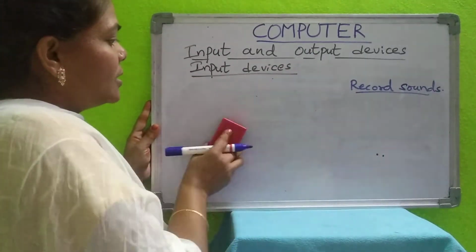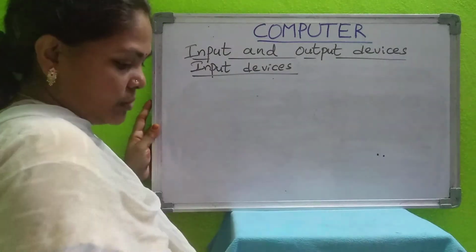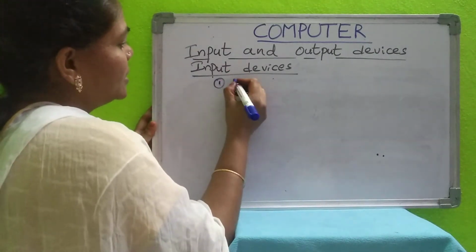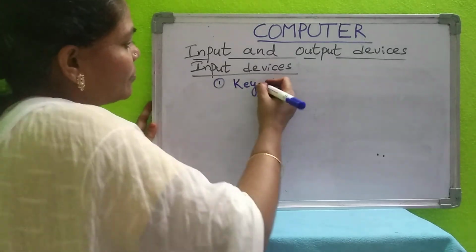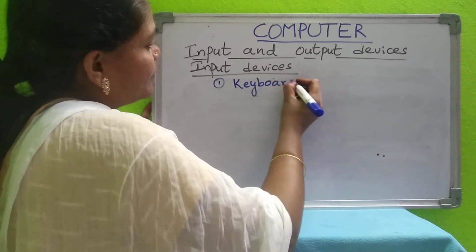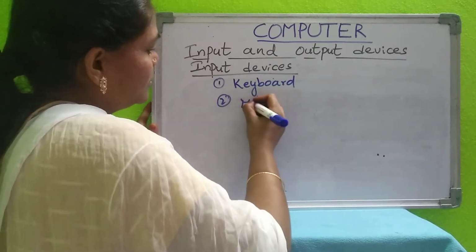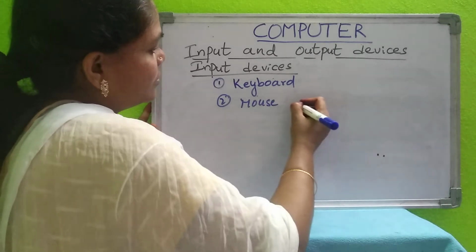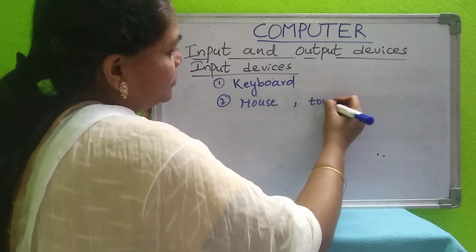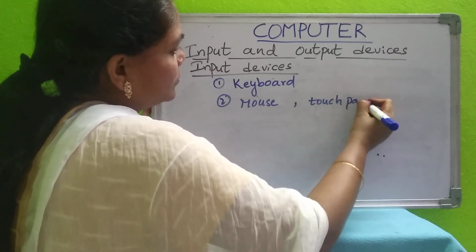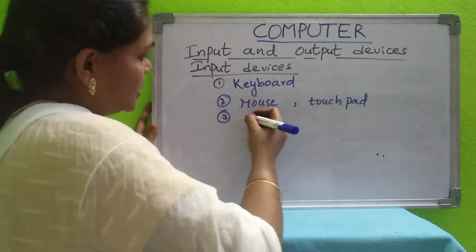So these are the input devices. What input devices have we learned? Keyboard. Next is mouse, and in laptops, touchpad. Third one is web camera.